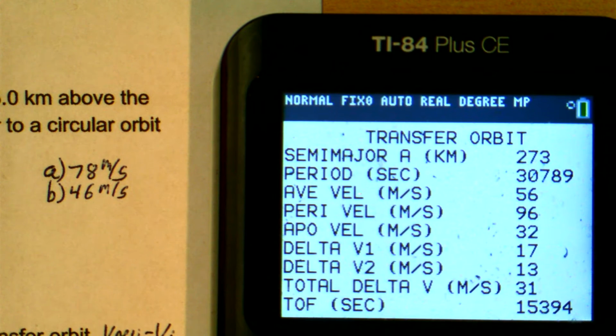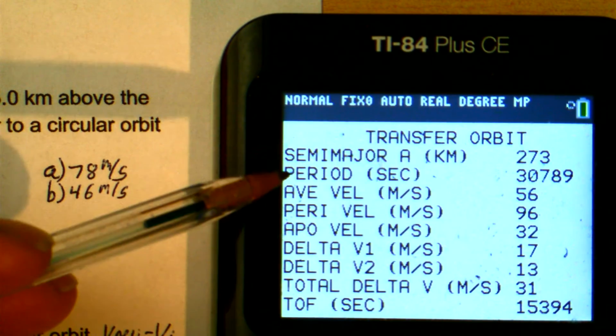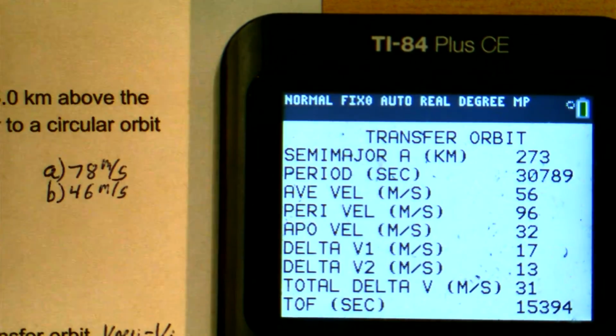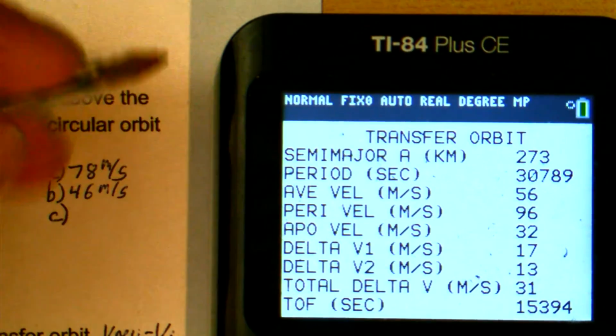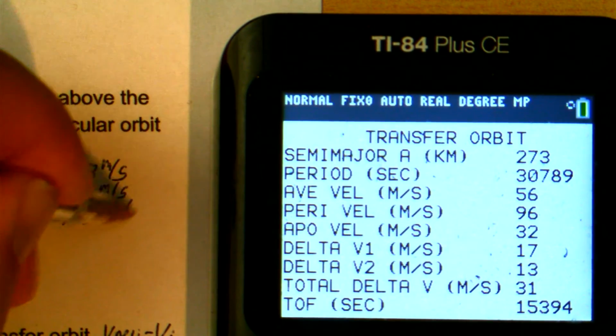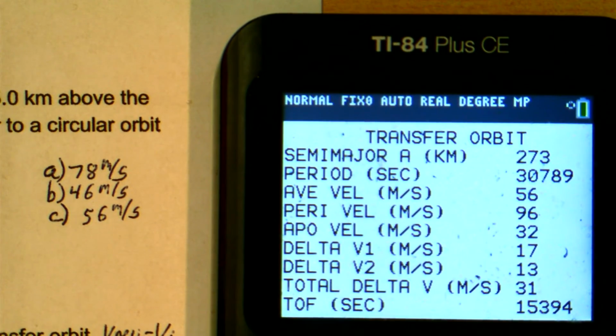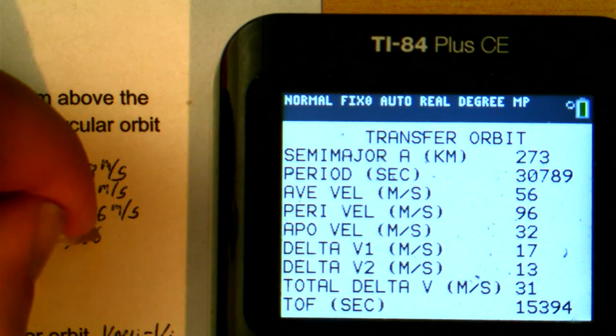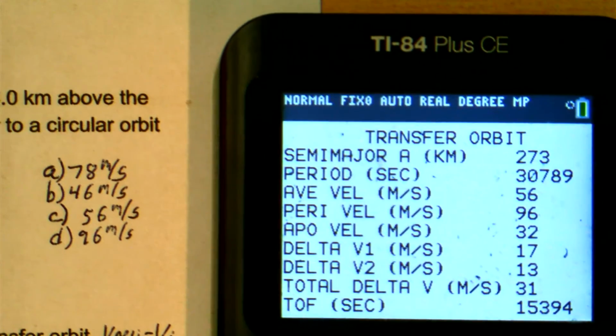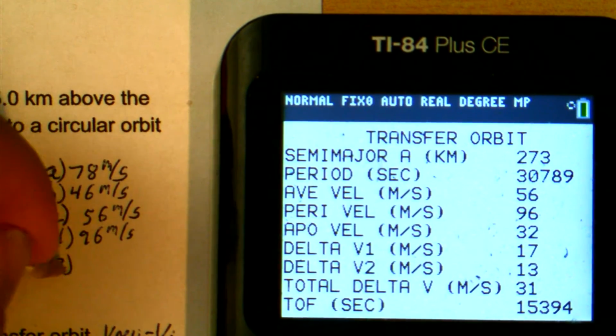The semi-major axis wasn't asked for, but there it is with its period. The average velocity, so this is the answer to part C, is 56 meters per second. The answer to part D is 96 meters per second. The answer to part E is 32 meters per second.